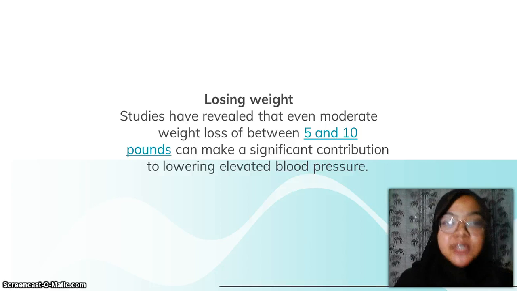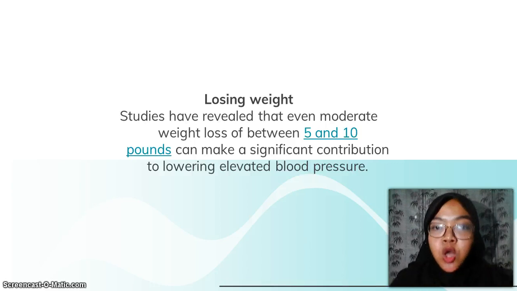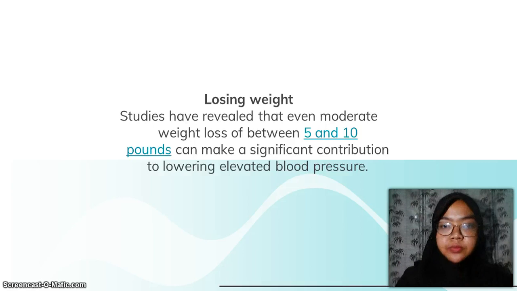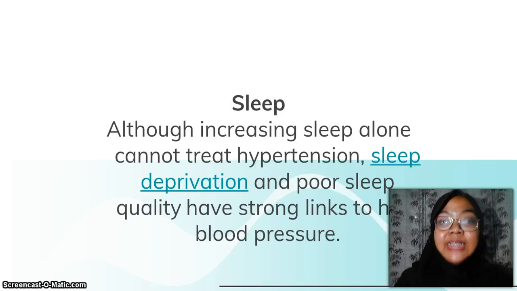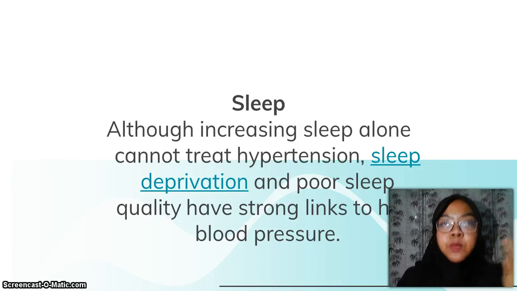Losing weight: studies have revealed that even moderate weight loss of between 5 and 10 pounds can make a significant contribution to lowering elevated blood pressure. And then sleep. Although increasing sleep alone cannot treat hypertension, sleep deprivation and poor sleep quality have a strong link to high blood pressure.